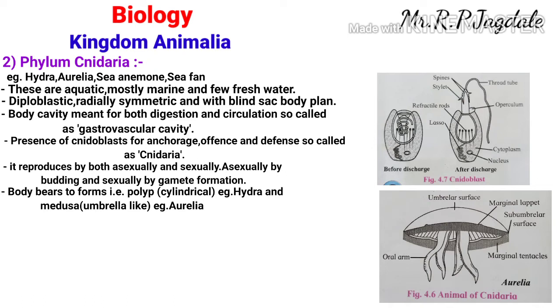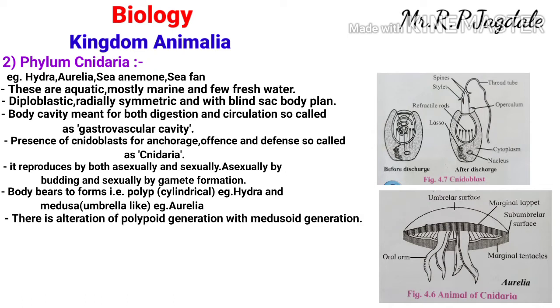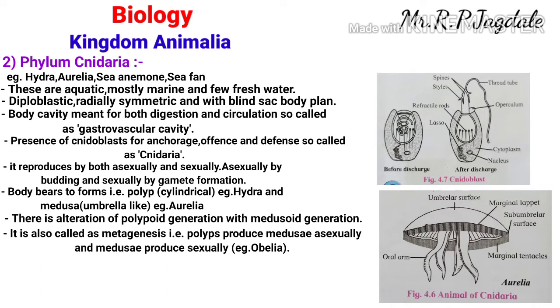It exhibits an alternation of polypoid generation with the medusoid generation. That means there is an alternation of generation. At one time there is a polypoid generation, then in the next form there is a medusoid generation. It is an alternation of generation, and that is called metagenesis. Now what does metagenesis mean?